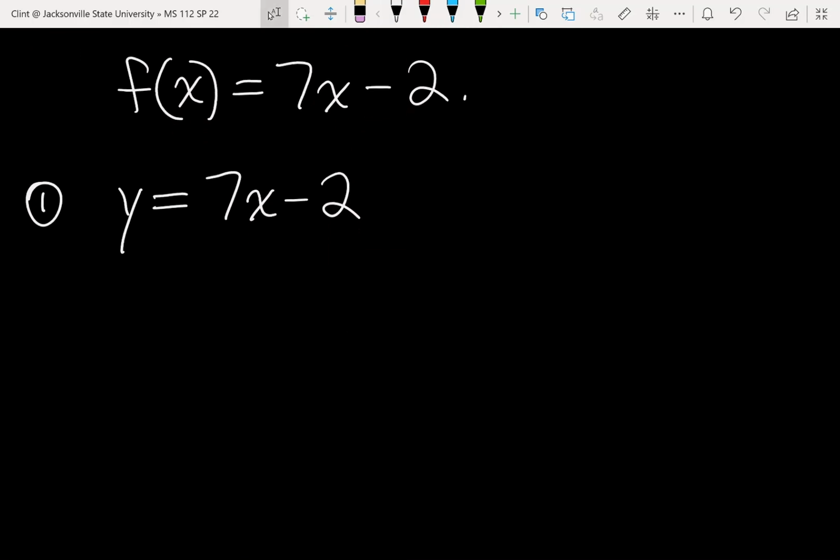What's step 2? Switch x's and y's, so instead of y equals 7x minus 2, I'm going to have x equals 7y minus 2. Remember, it'll help remember this step if you remember you're trying to find an inverse, and you can think about inverses. What they do, they switch x and y.